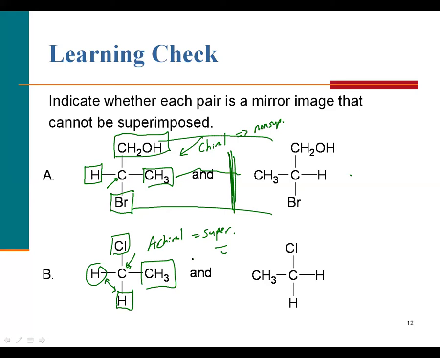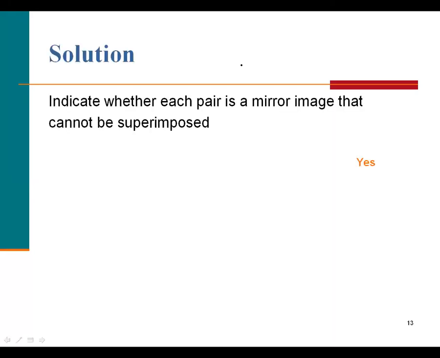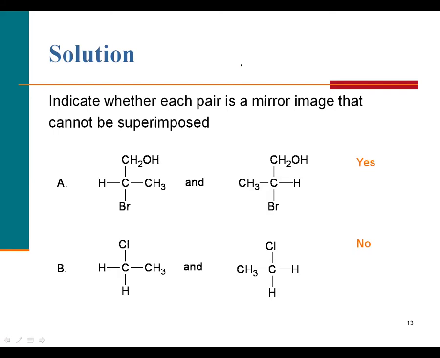So if we take the mirror image, which is the one on the right, and rotate it enough, we will get it to superimpose on the original molecule. Any questions on those two? So I guess yes and no is the answer on that one.